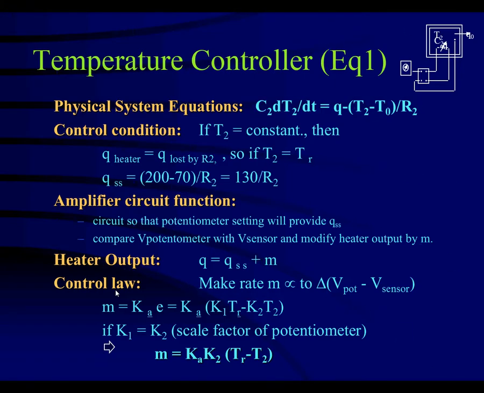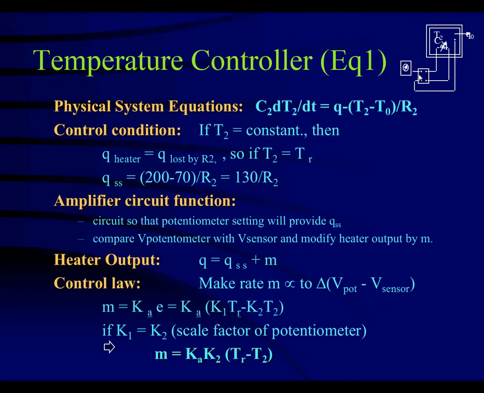And these are the simple control loop equations that we can have. We start with the simple equation of the system. So we always have to have a physical system. And then we define the control condition. You say if T2 is constant, then the heater is the same as the input.